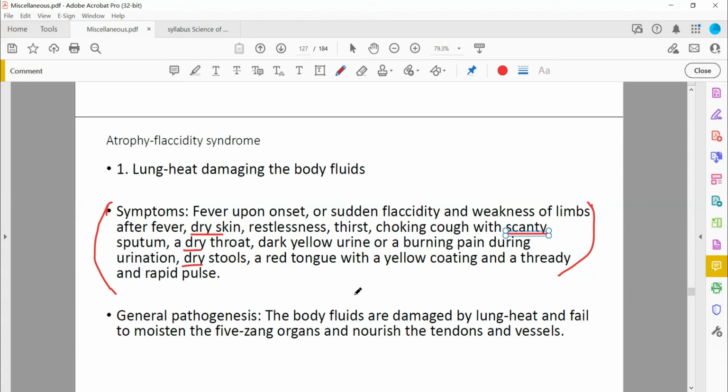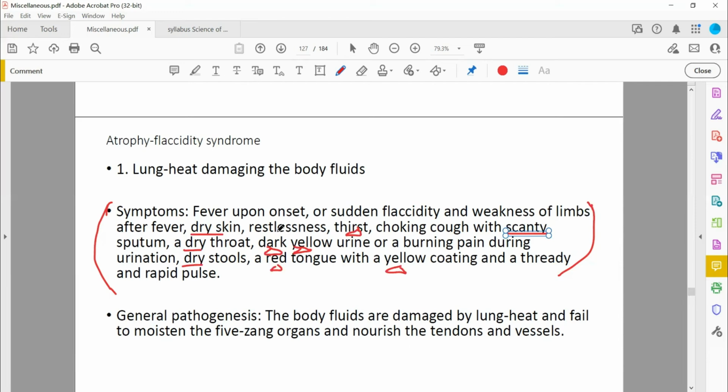So yes, we see many dry. We also have dark yellow urine, burning pain, yellow coating, and red tongue.